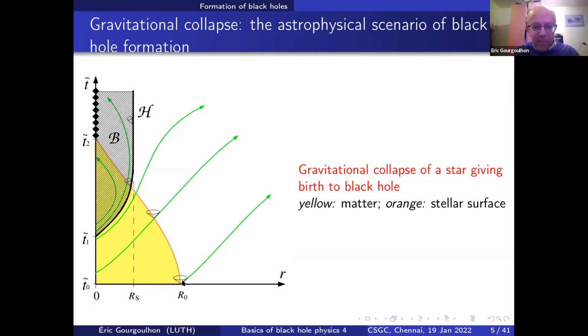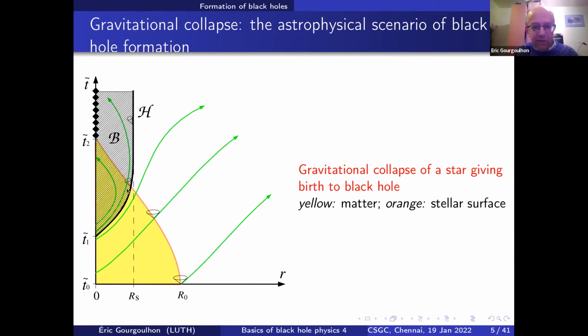In this diagram, this is the surface of the star, the orange line. The yellow part is the interior of the star that is collapsing. And you have a few radial null geodesics, so light rays, if you want, emitted from the star here. And you have the future null light cones here.